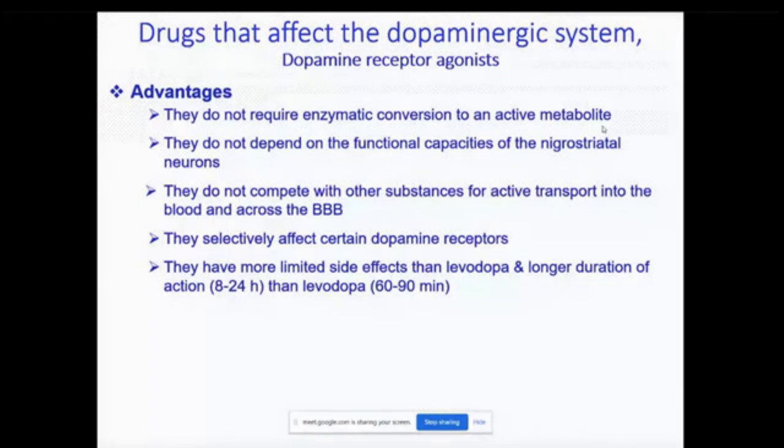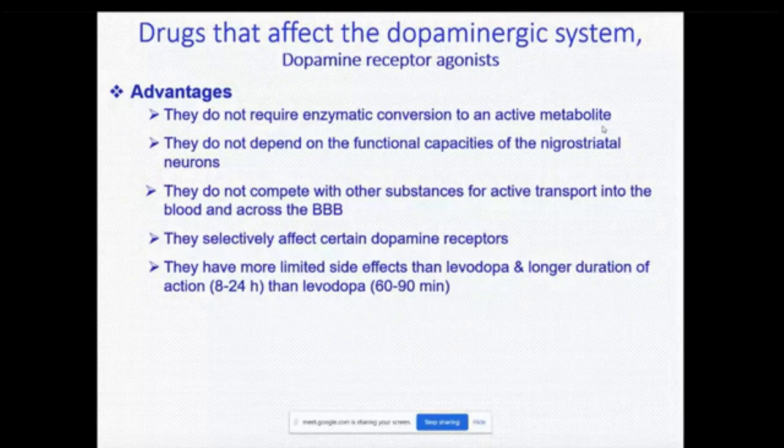The second advantage: they don't depend on the functional capacities of the nigrostriatal neurons, which means that if you give levodopa and the functional capacity of the substantia nigra is quite degenerated, quite low, then I have the precursor in my hand, but the machine is sluggish, it's not working that much, right? So levodopa is not going to help.